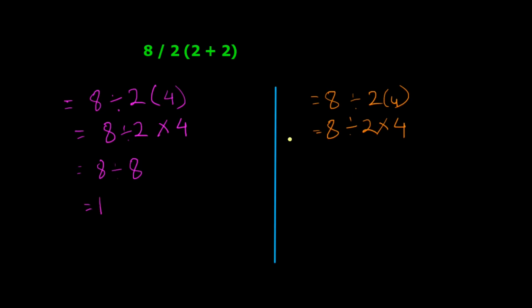And for BODMAS, division comes first in the acronym. So 4 times 4, and 4 times 4 is 16. So they're definitely not the same, and something is happening over here.